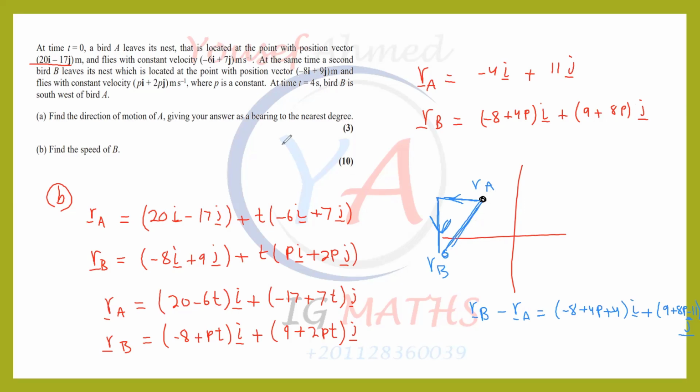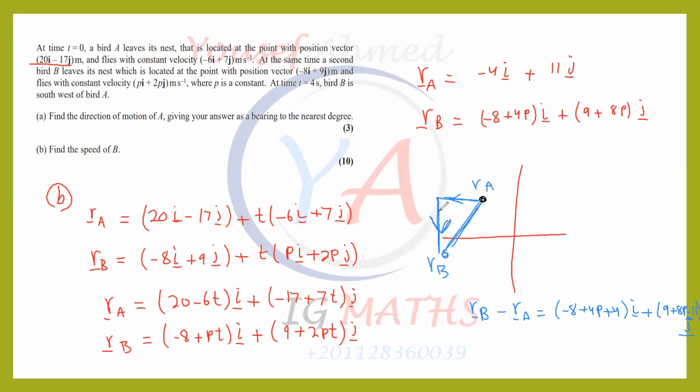But you must notice something. Now bird B is in the southwest of A. So we move here. We moved the same distance since it's southwest. So you move a distance horizontally that's equal to a distance vertically.